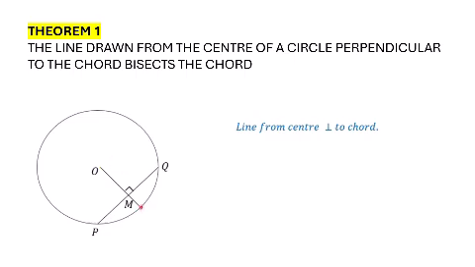OM is bisecting PQ, which means that PM is equal to MQ. The abbreviation that you can use for the exam is line from the center perpendicular to the chord. So this is your theorem 1.